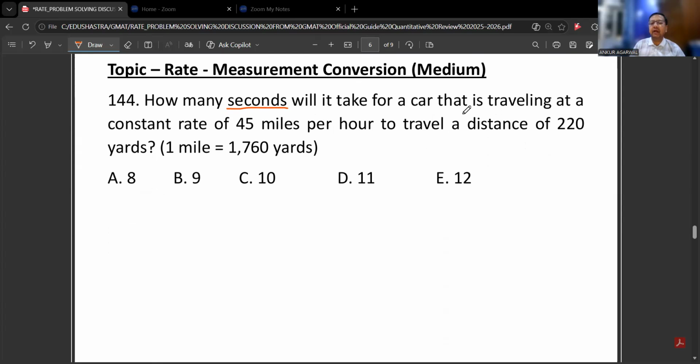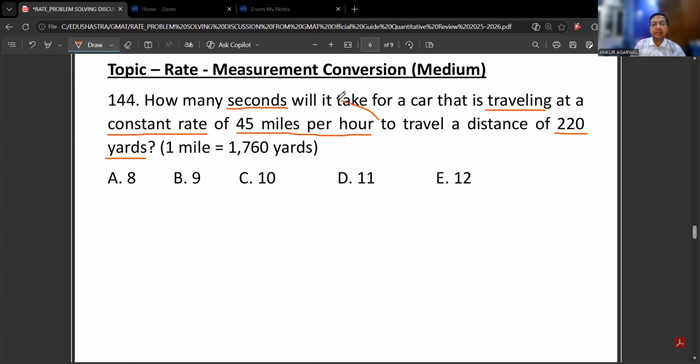How many seconds will it take for a car that is traveling at a constant rate of 45 miles per hour to travel a distance of 220 yards? Done. So see now how many changes there are: seconds, and 45 miles per hour.